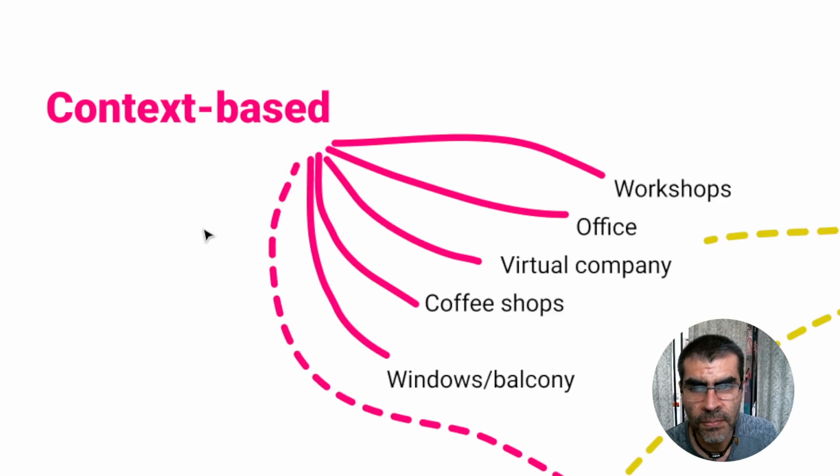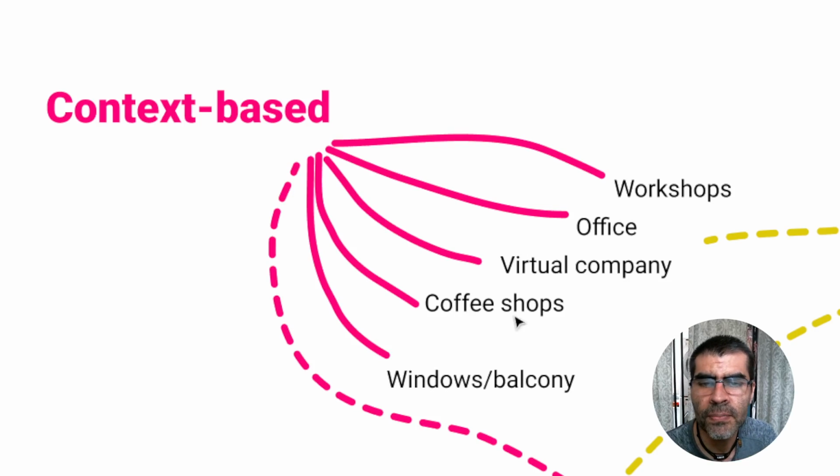There are, for example, context-based or environment-based stressors. Some people write better in workshops. Some people write better in an office ambience. Others need virtual company and use Zoom or FocusMate or other ways to have an environment that helps them work.